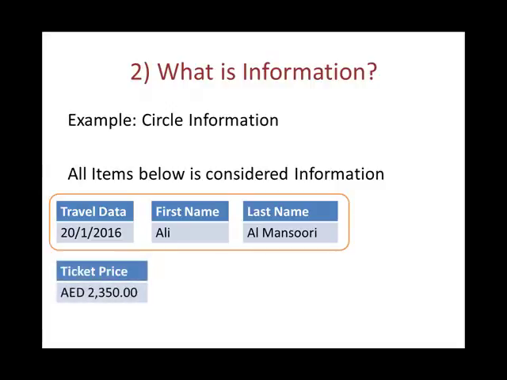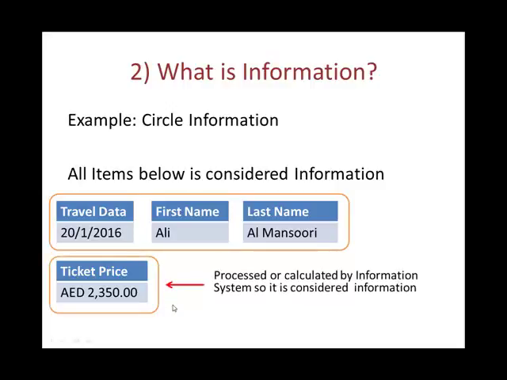And another example is the ticket price. Whenever an information system generates a ticket price, it has to do some processing, some calculation on the back end in order to calculate the ticket price. So we can also consider ticket price to be information, because it's processed data. For example, to calculate a ticket price, you have to calculate the price from several destinations that this traveler will take.